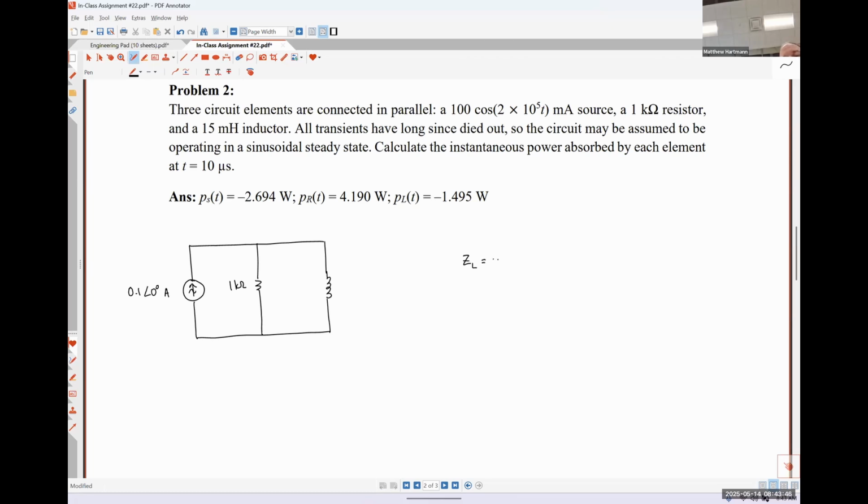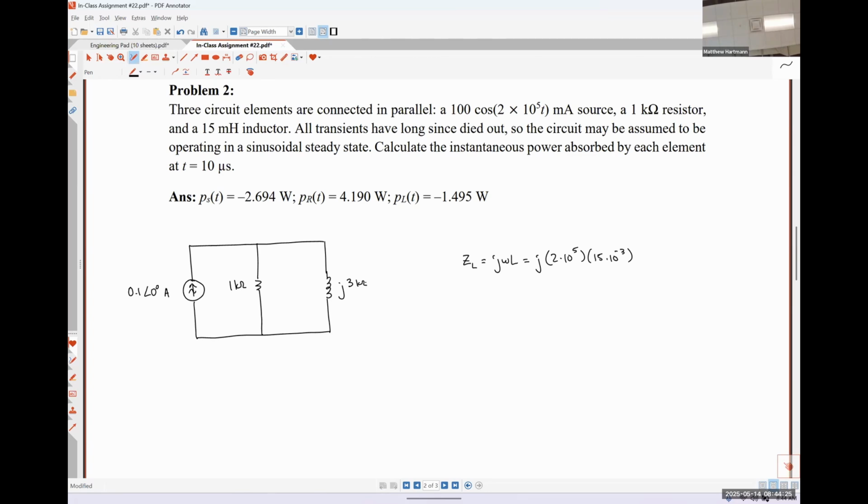The impedance of an inductor is J omega L. So that's going to be J times 2 times 10 to the 5, and L is 15 times 10 to the minus 3. 10 to the 5 times 10 to the minus 3 is 10 to the 2. So that's 30 times 100, which is J 3000. So this will be a J 3 kilo ohm impedance. Are we all okay with that? All right.